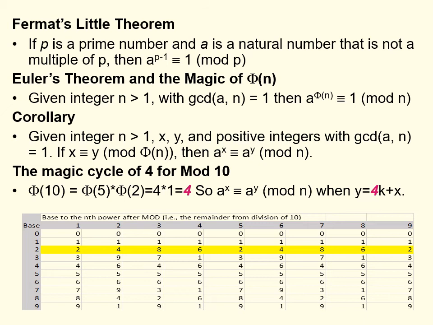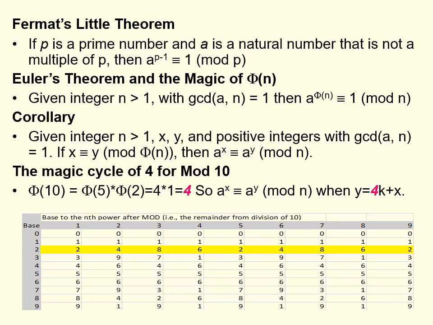So based on this theory, we can know that a to the power x, when you apply the modular function, in this case mod 10, is going to be congruent with any cycle-4 equivalent of that, right?